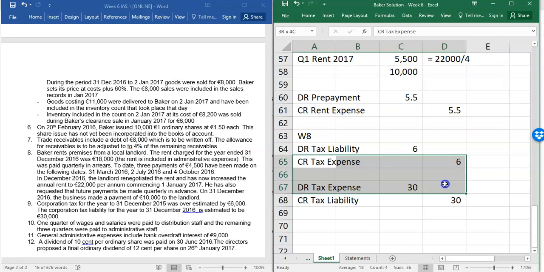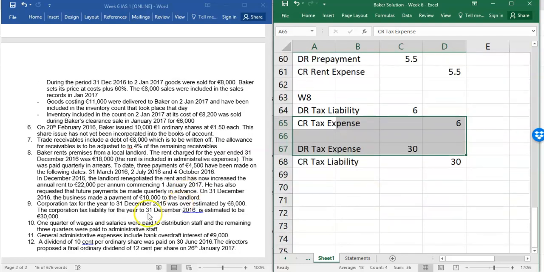Your tax expense now is actually only going to be 24. Why? Because 6 of that you expensed last year and there was no need. So they're saying you don't need to expense it again this year. So the accounting rules, you won't have covered this yet, but it's IAS 12, which covers tax, allows you to adjust current year tax expense for any prior year over or under estimates. So it's a tricky one to watch in the future.